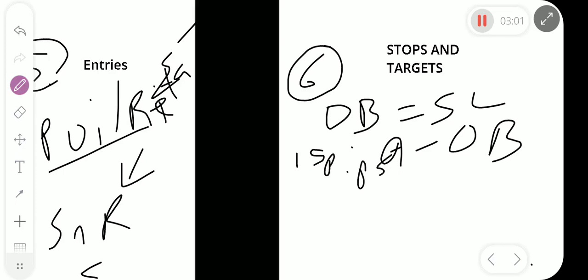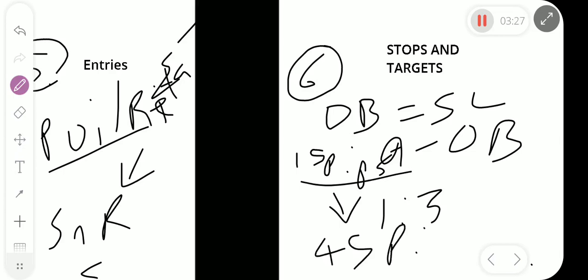What you're going to do is you want to gain fixed targets, which means we are going to want 1:3, right? Which means 15 multiplied by 3, that's 45. So if you are risking 15 pips, your target will be 45 pips.